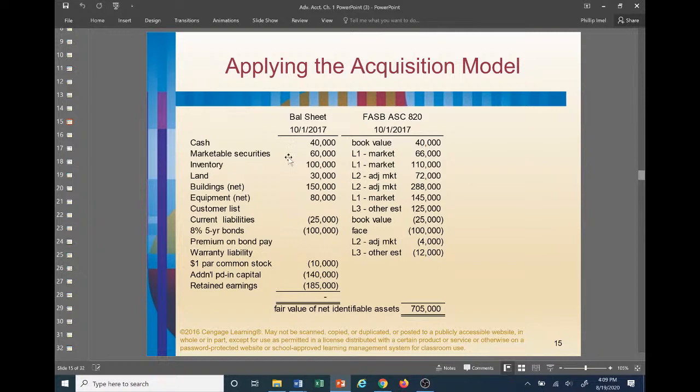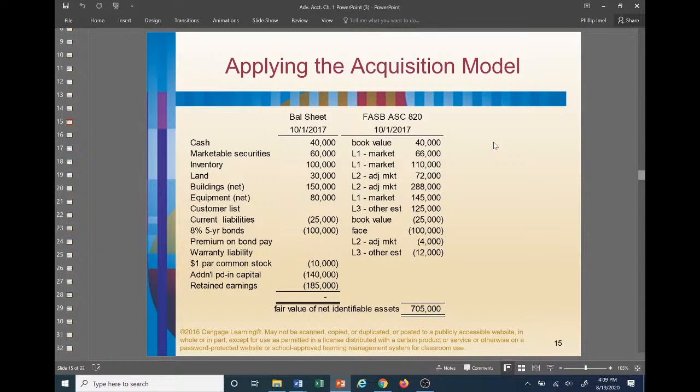So we can see here cash 40,000. Marketable securities is on the balance sheet as 60,000, but this is a level 1 because they're marketable securities. If you recall the inputs for determining fair value, this is another thing you should have learned in intermediate. You have level 1, level 2, and level 3 inputs, with level 1 being the highest, the most trusted one that you should use.